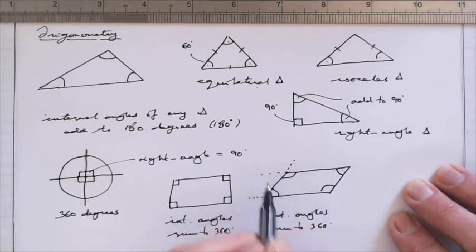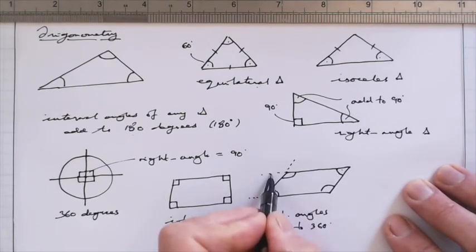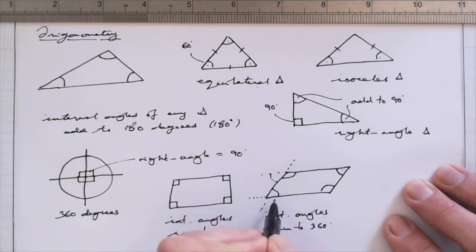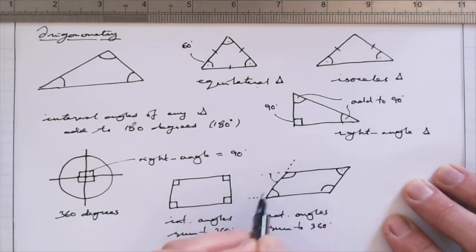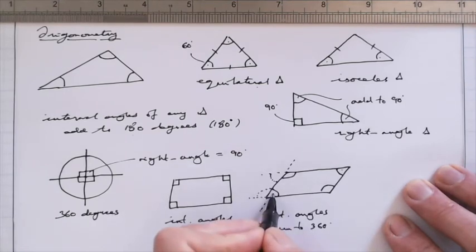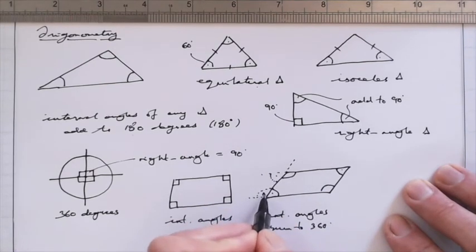These 2 lines are parallel, and therefore this angle here will be the same as this angle because it's just a Z shape, and this angle will be the same as this angle. Okay, so I can maybe indicate with a dot that those 2 angles are the same, and with a cross that these 2 angles are the same.